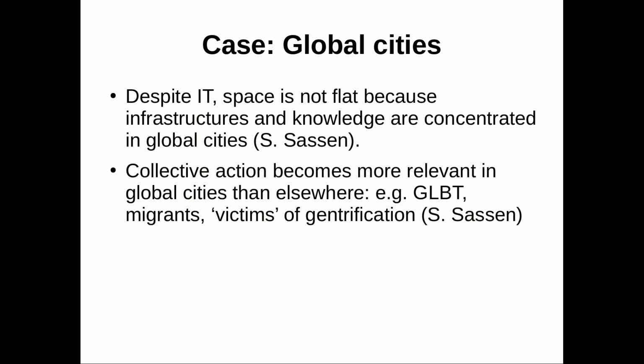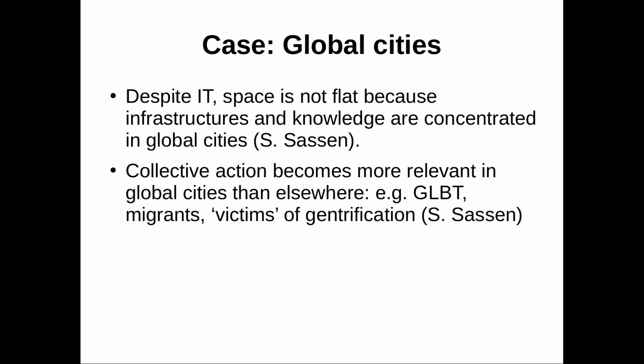Saskia Sassen not only makes this point on global cities, but she also adds a further point regarding the role of collective action in global cities. She shows how some social movements became very visible because they have managed to be visible in global cities.